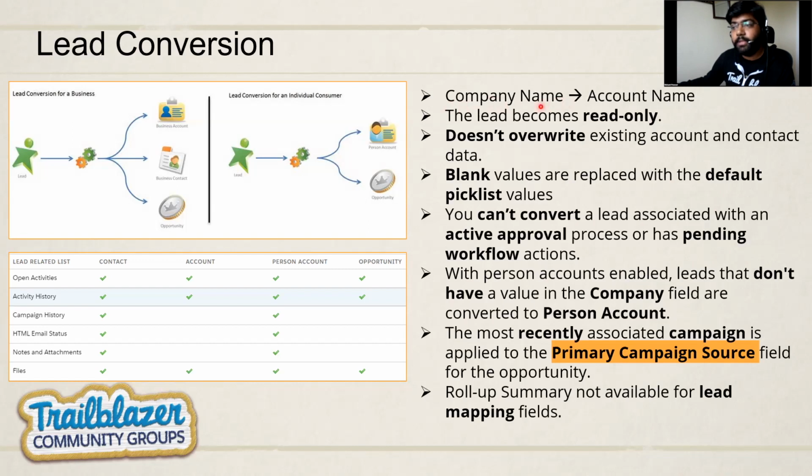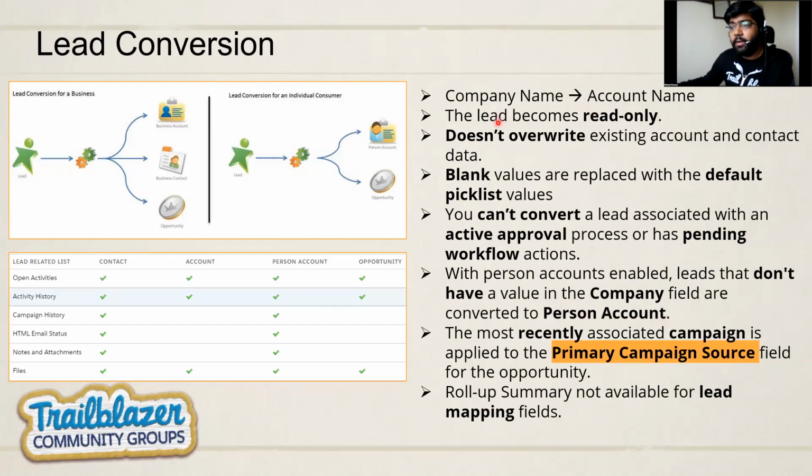So if the company name is blank and you convert the lead, then it will convert into a person account with the first name, last name, and all the details on the person account page. So this is an important point. Whenever you have person accounts enabled, leads that don't have a company name are converted to person accounts. If you have a company name, that will be converted into a business account.